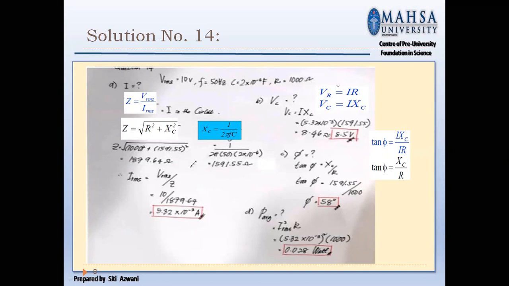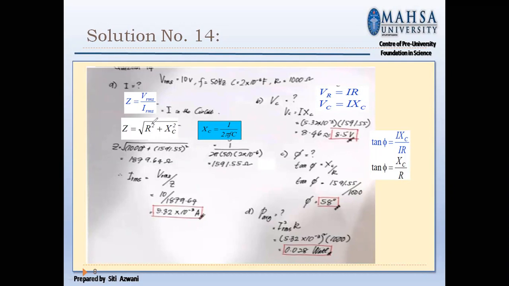You have only one value of current, IRMS, flowing in your circuit. Before you calculate your current, the concept is similar to how to calculate the current in direct current. You need to calculate the total resistance first and then apply Ohm's law. Here the term for total resistance is impedance, Z.